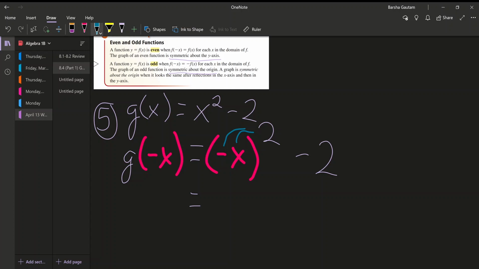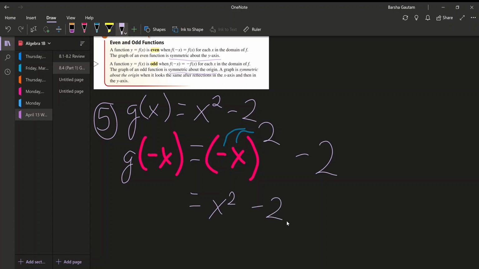So negative x squared is going to give us positive x squared minus 2. And now we're going to do the same thing that we did last time. We're just going to substitute f of x for x squared minus 2. Let me go back and do this in different colors so it's less bulky. Okay, x squared minus 2.